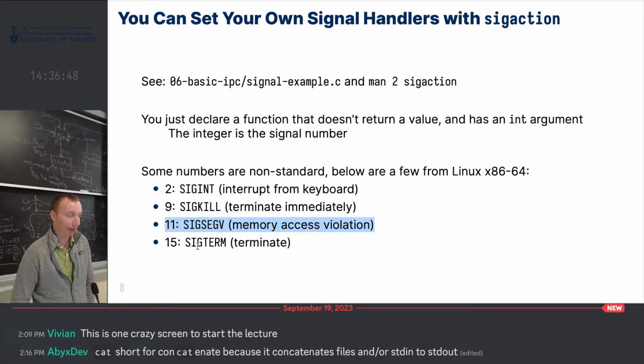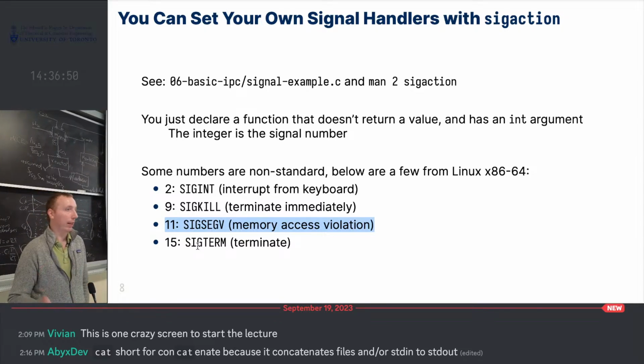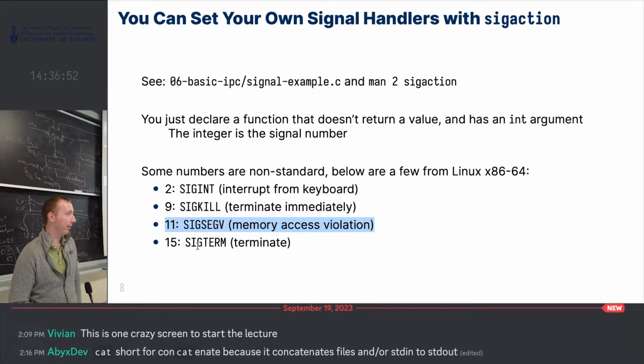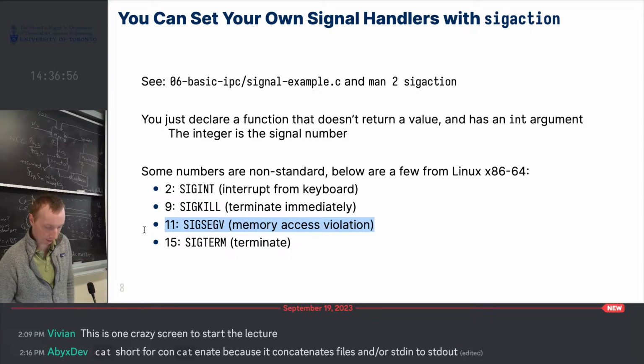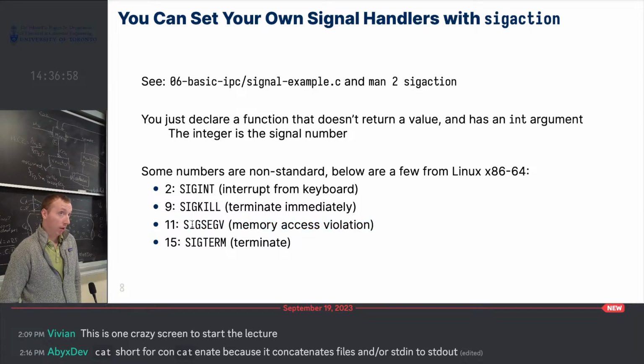That is just a signal, and by default, that's why your program dies, because the default signal handler just exits your process, and it would exit with 128 plus 11, so 139, if you've ever checked whenever you segfault. And then there's 15, which is SIGTERM, which is terminate. That's supposed to represent gracefully shutting down, and we'll see what not gracefully shutting down looks like.